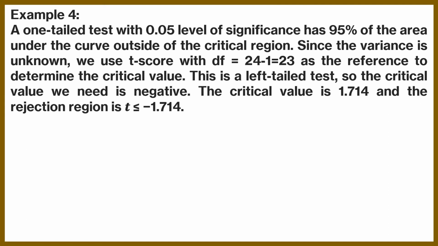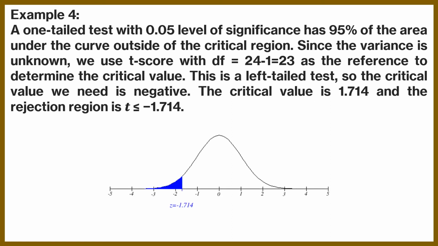Under row 23, tingin tayo sa 0.05 significance level. So makikita natin critical value is 1.714 and the rejection region is negative 1.714. Okay, so ito yung magiging graph natin. So the critical value is negative 1.714 for t.